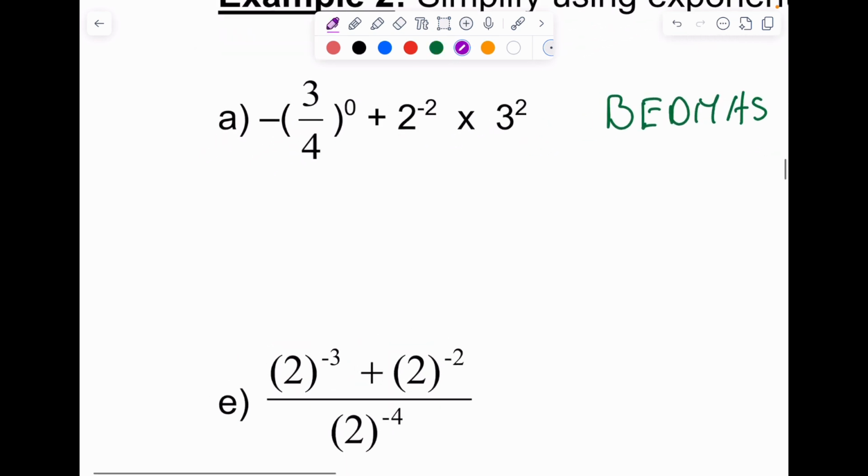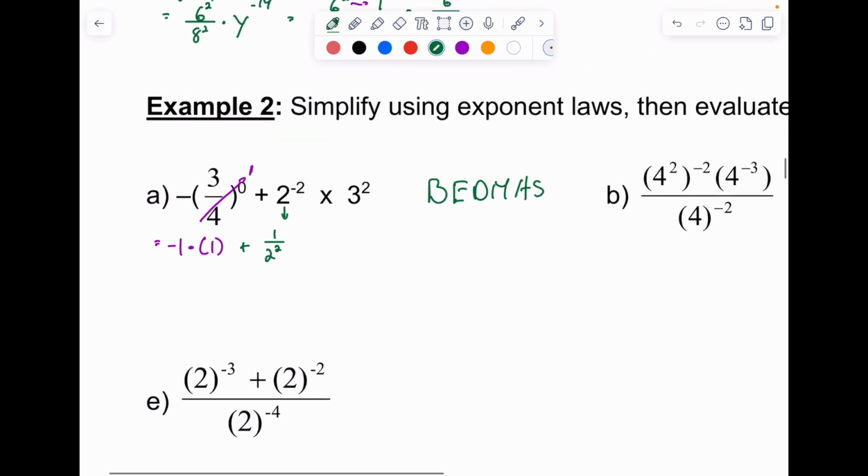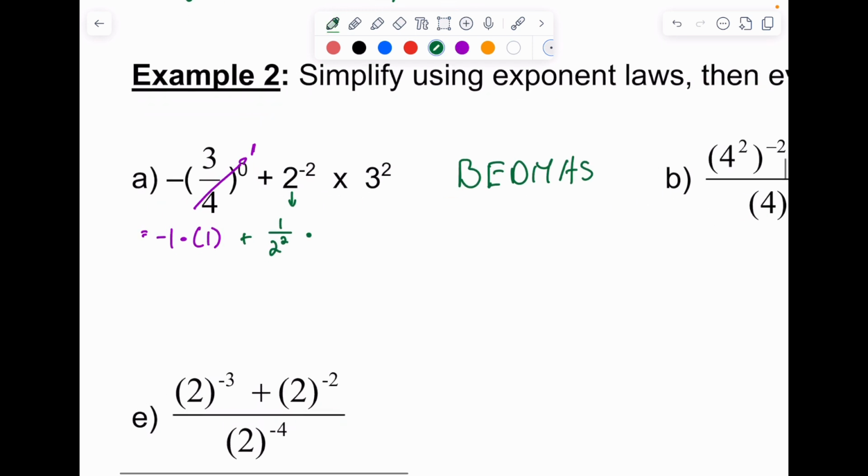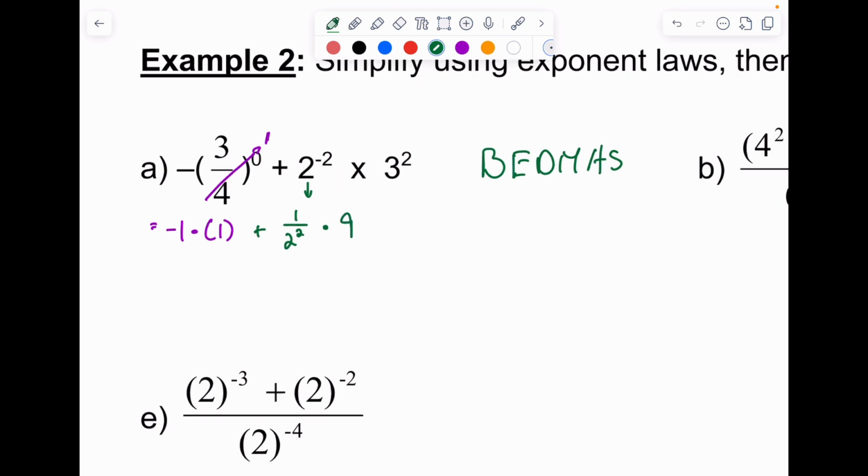So, technically, this is me saying negative 1 times, well, 3 quarters to the 0, that simplifies to 1. 1 plus 2 to the negative 2. Well, this simplifies to plus 1 over 2 to the 2. Then we have this being multiplied by 3 squared. So 3 squared is 9.